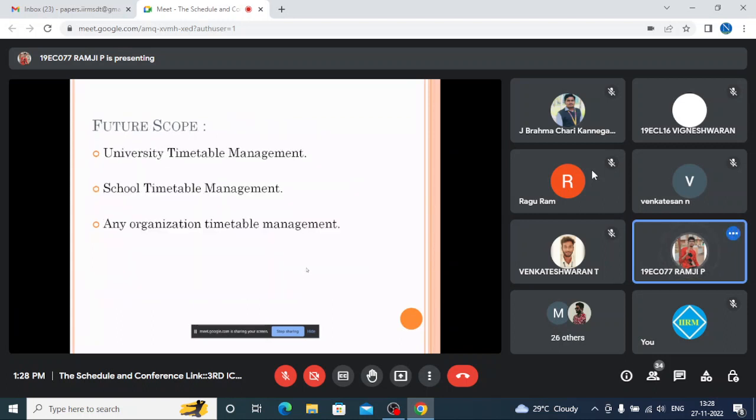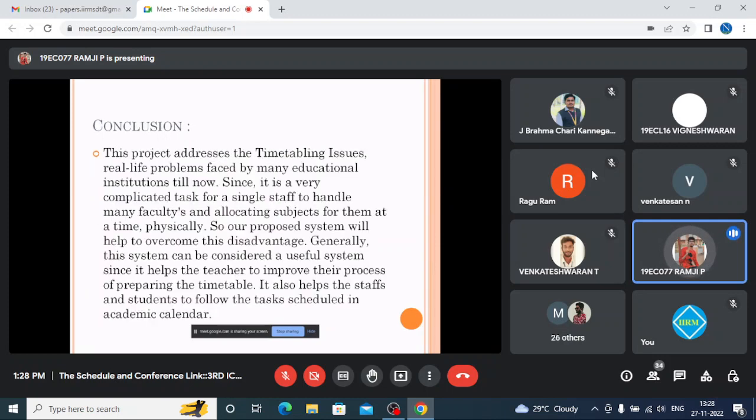And future scope: as for now, I'm going to generate the timetable only for our department. In future, we can add more features, and this app can generate the timetable for the whole university, whole school, and any organization, as organization timetable management.